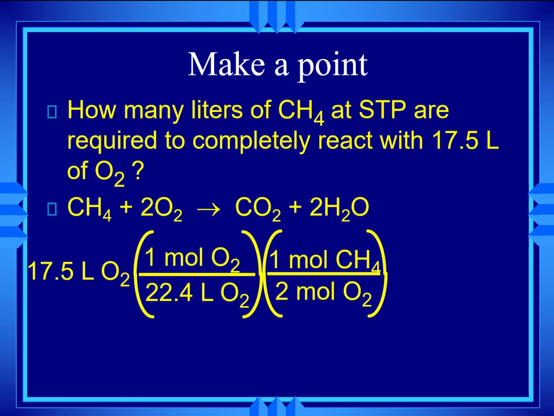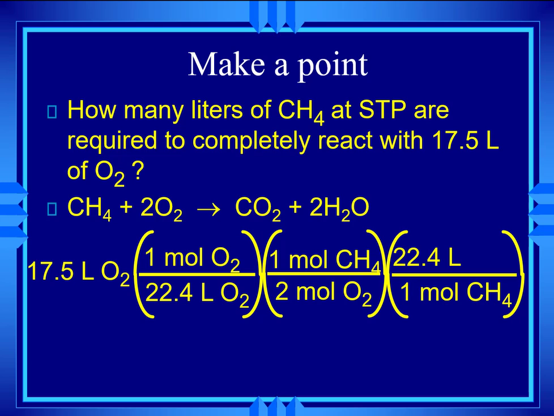Now, what unit do I want to get rid of? Moles of CH4. Where has it got to go? On the bottom. What can I turn moles of CH4 into? Liters of CH4. And if you push those buttons, you'll get 8.75.